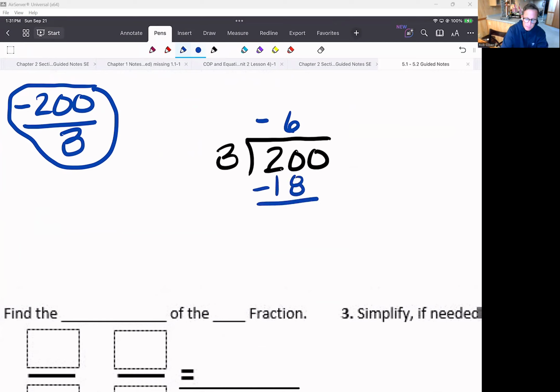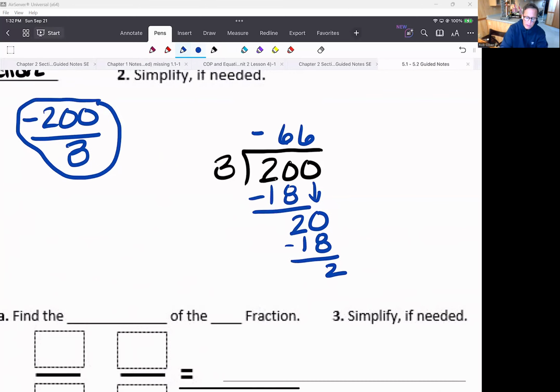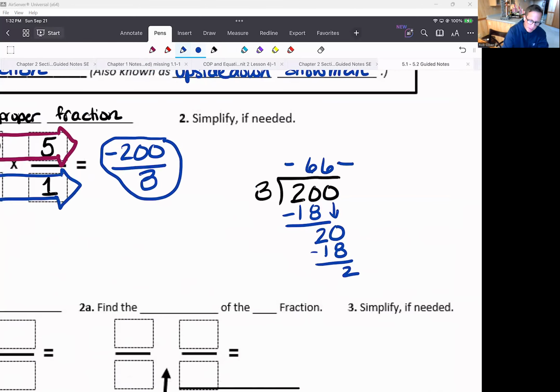Subtract, and you get 2. Bring down a 0. 3 goes into 20 6 times again, and you get 18 again, and you get 2 again. But there's nothing else to bring down, so that becomes your remainder. So 2 over 3. So negative 66 and 2/3 is fine too.